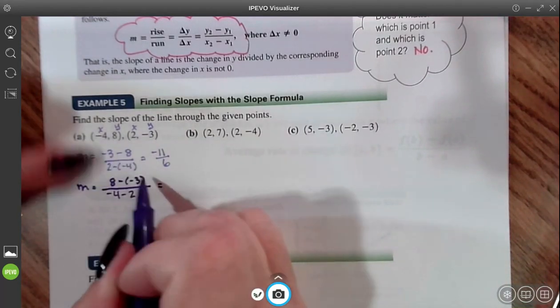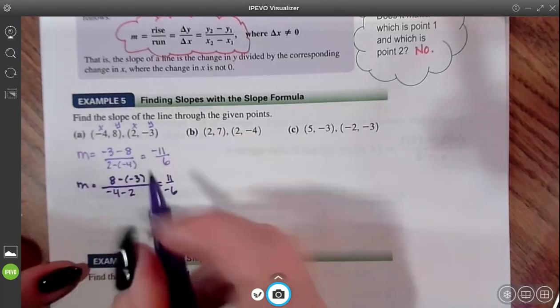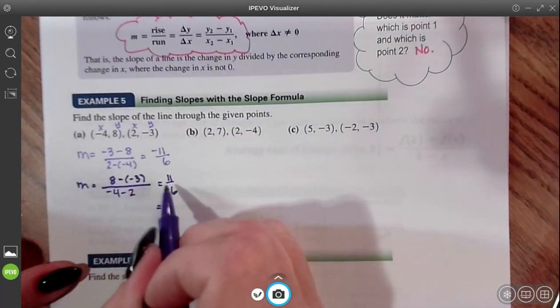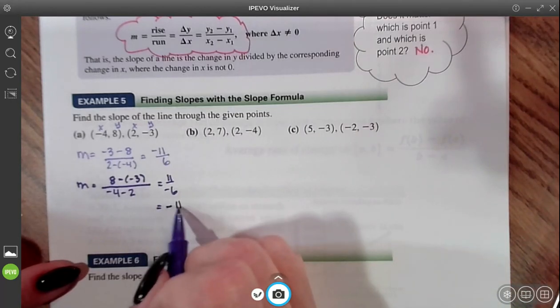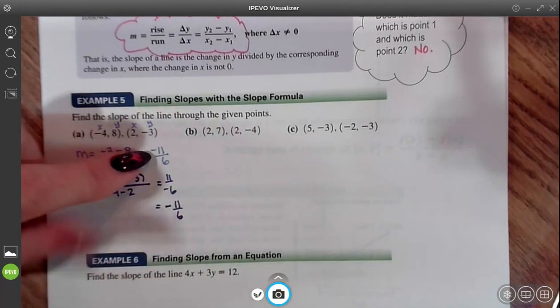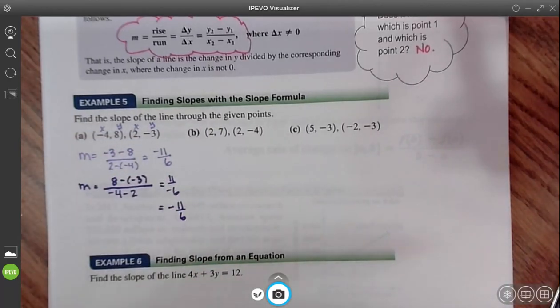So that is going to give me 11 in the numerator and -6 in the denominator. That just looks awkward. When you have a negative fraction, you want to put your negative either out in front of the fraction or attached to the numerator the way it is there, but those are equivalent. So it really doesn't matter which direction you do your subtracting as long as you go the same way in the numerator as you do in the denominator.